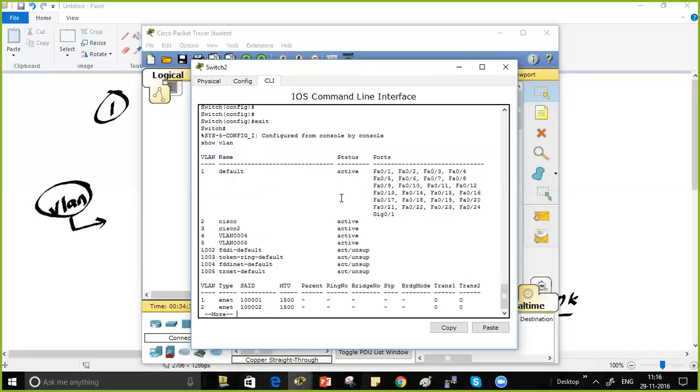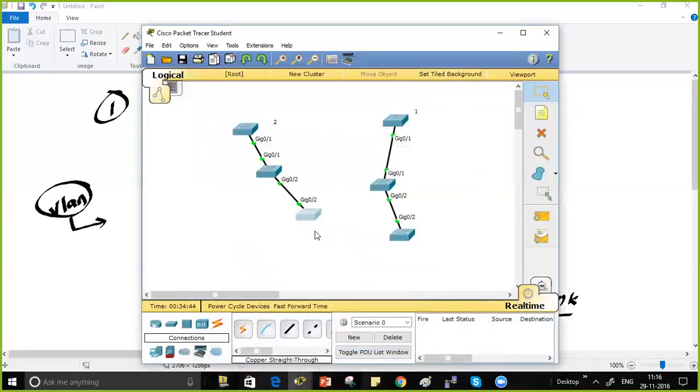It is also just reflecting this VLAN information. That's it, right? And if I put another switch, by default which mode is this one?